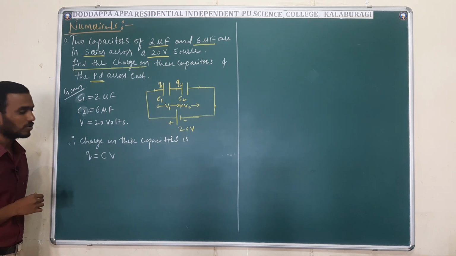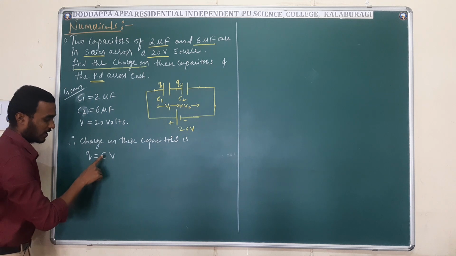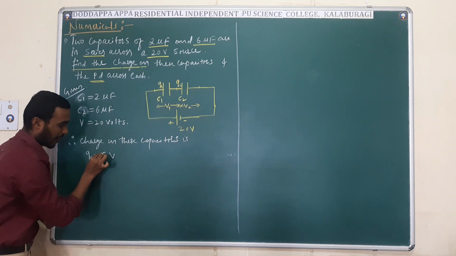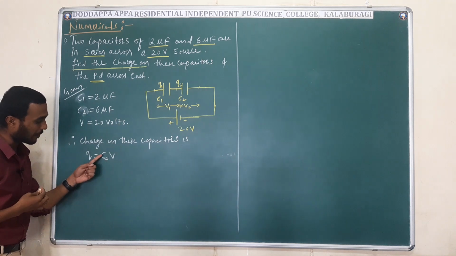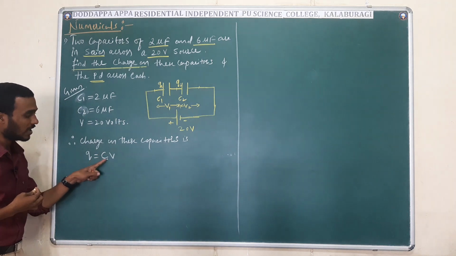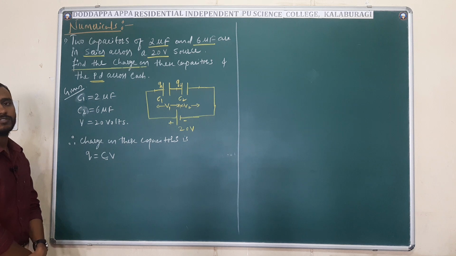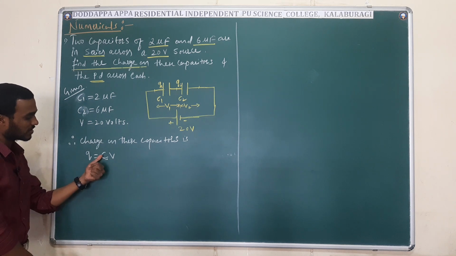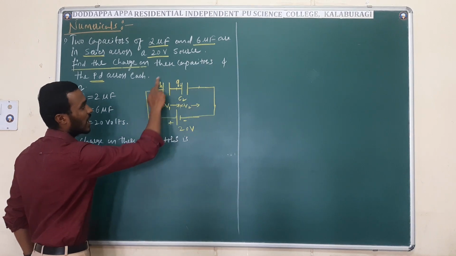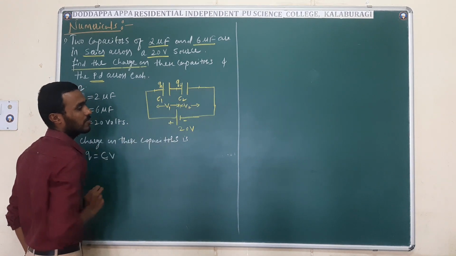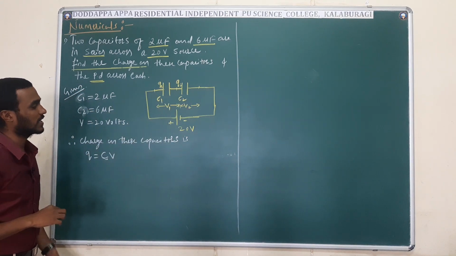This capacitance I will represent by S, meaning the capacitors are connected in series. I want to know the series capacitance of this system first. So what is the formula for the series?